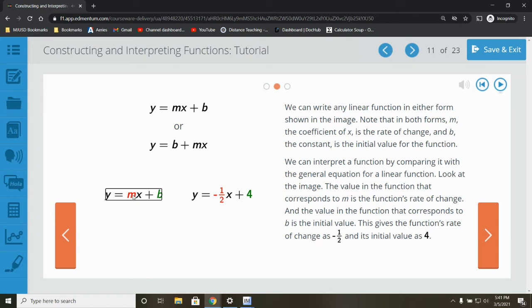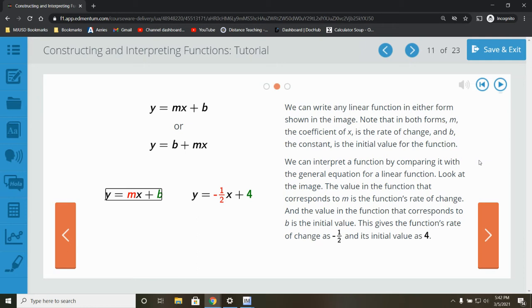And that color coding is something that I try to do in the activities as we go further, because it's important to practice substituting these parts. They go in the same spots every time.